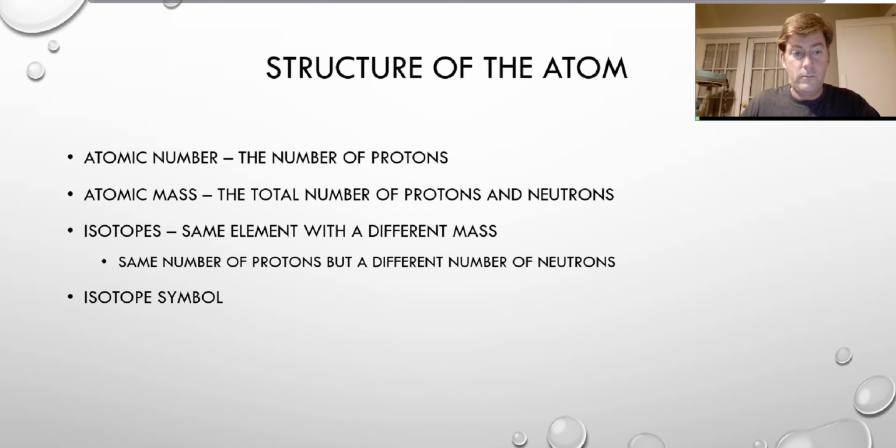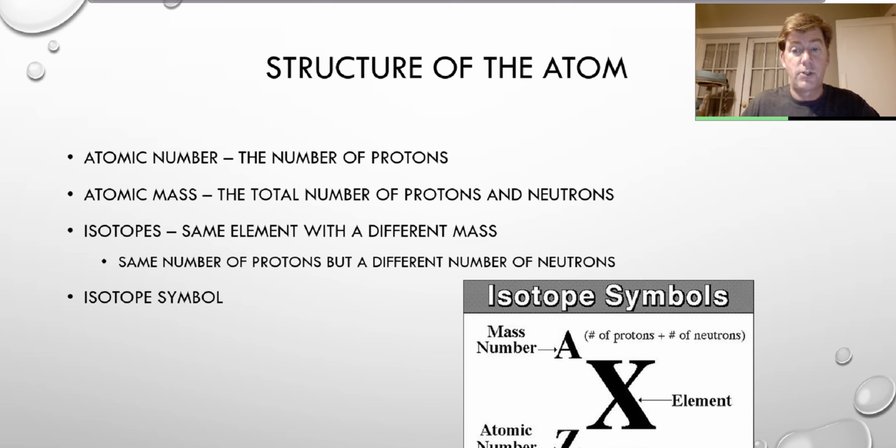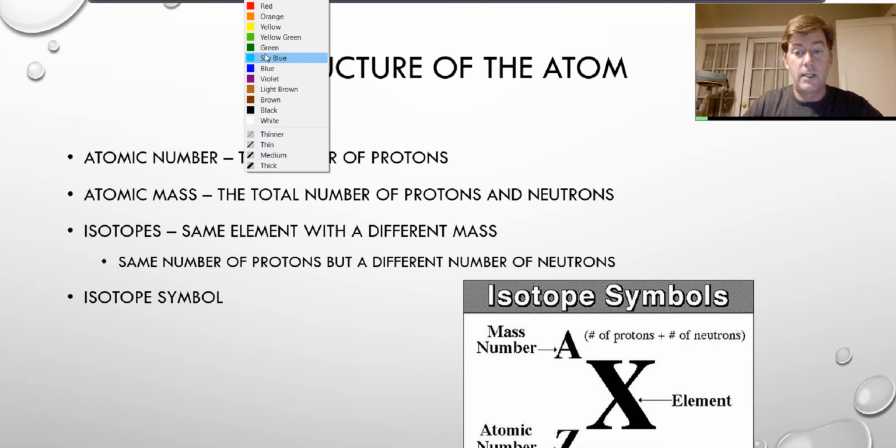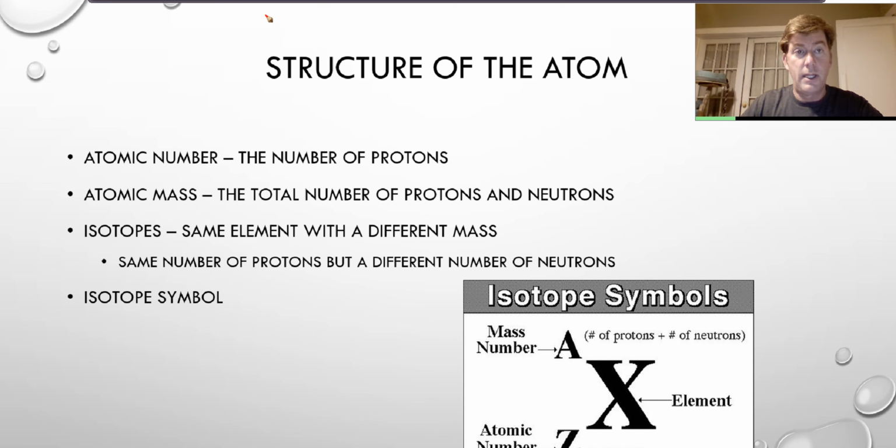The way we write the isotope symbol is we put the mass number up top, and then we have the atomic number down below, and then we use the symbol with it. So like carbon here, I'll use carbon, and all carbon has 6 protons, so we put atomic number 6. Most carbon has a mass of 12, so I would write the isotope symbol like this.